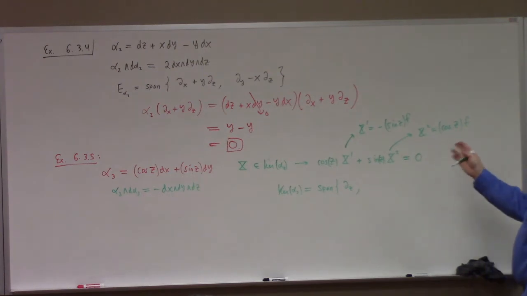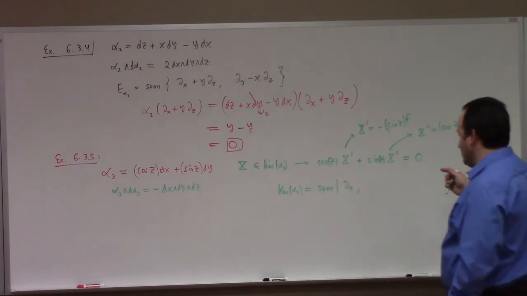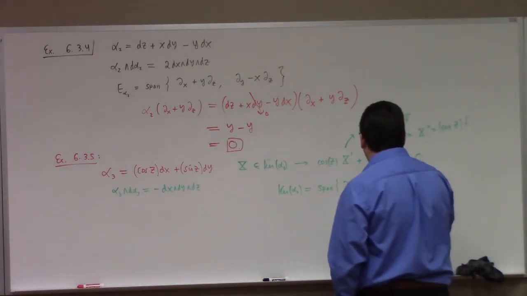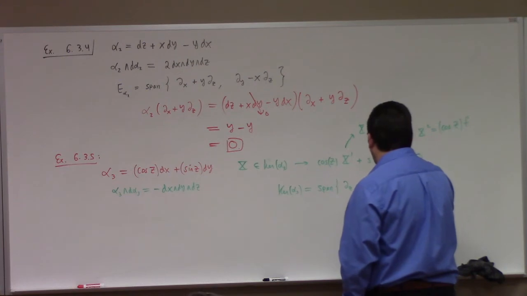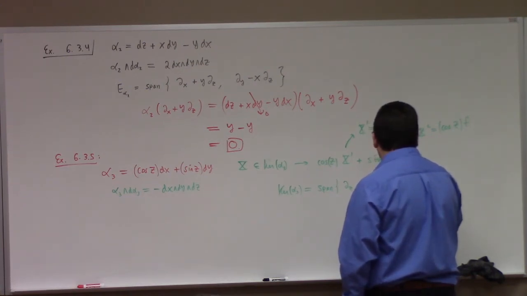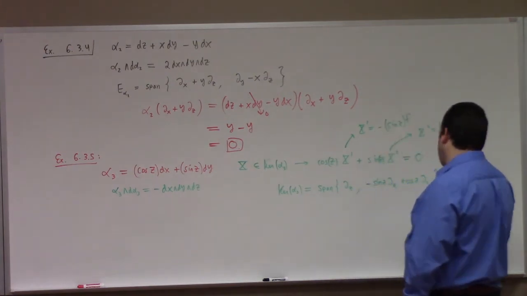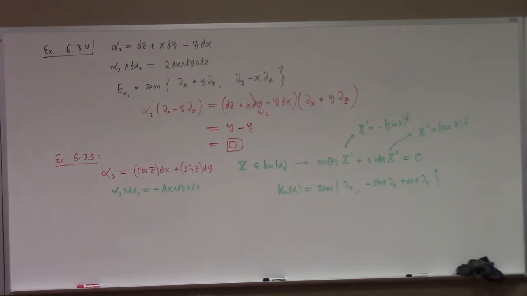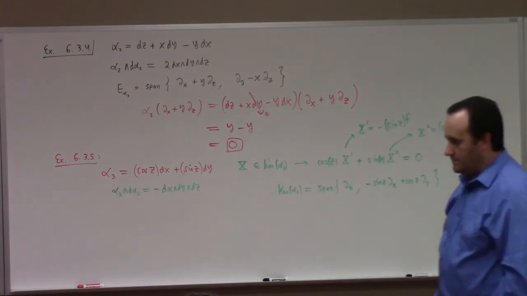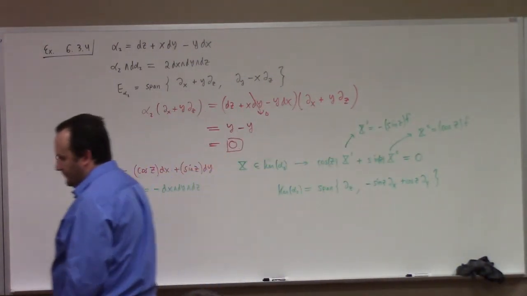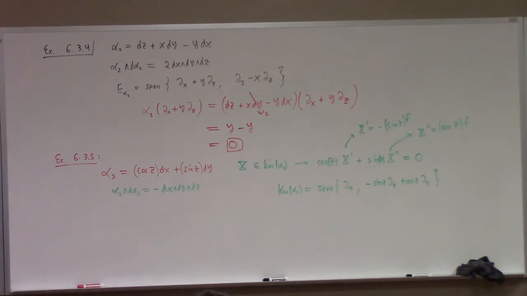But if I do that, then these cancel. And so then that gives me minus sine z partial x plus cosine z partial y, I believe. Which is what he has.